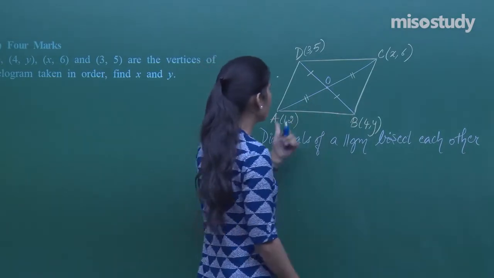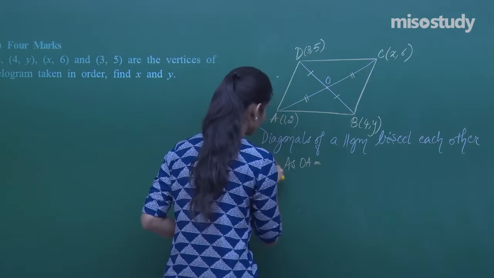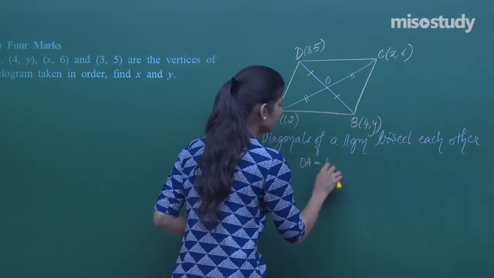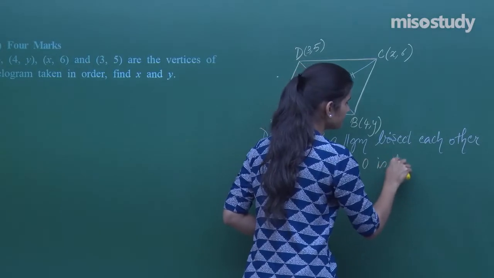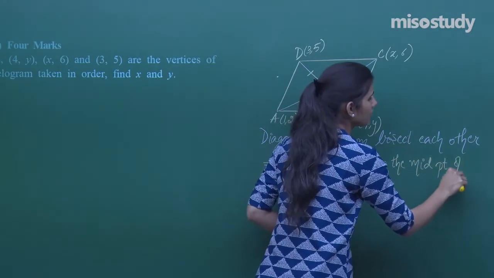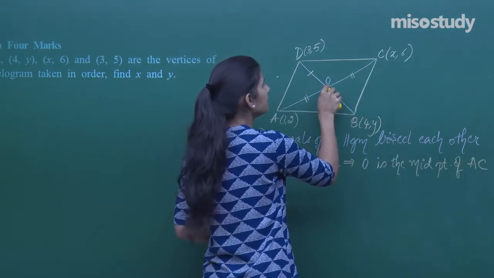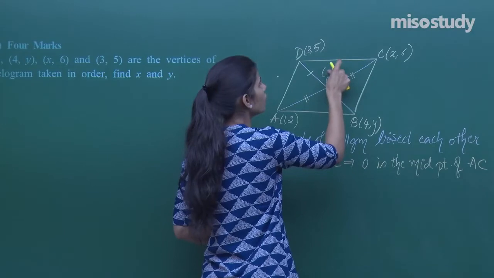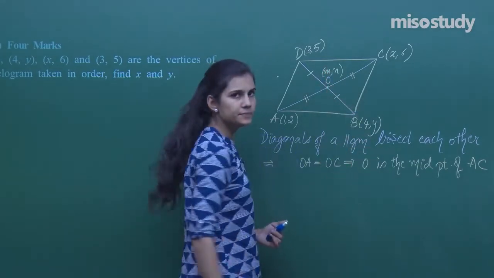So if OA is equal to OC, this means O is the midpoint of AC.